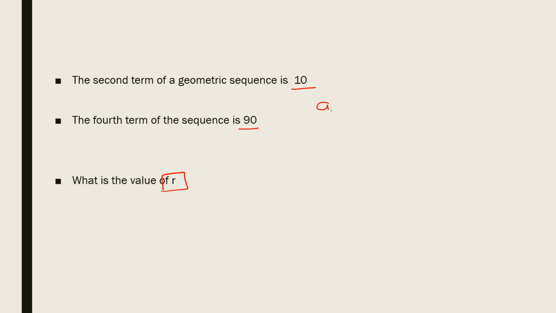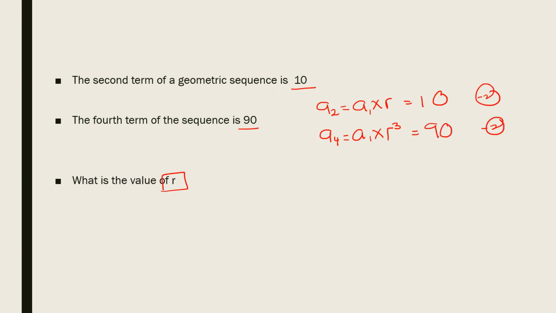So a2 is a1 times r, which is 10, and then a4 is simply a1 times r to the power of 4 minus 1, that's 3. That's 90. So this can be equation 2 and equation 1.